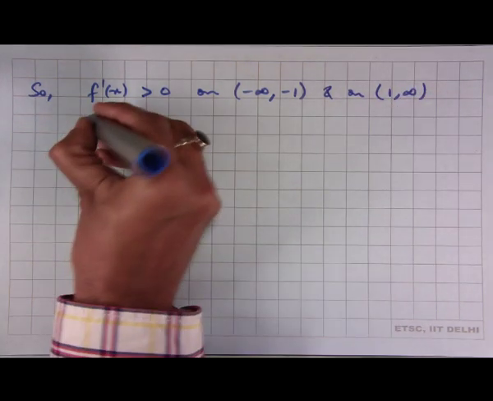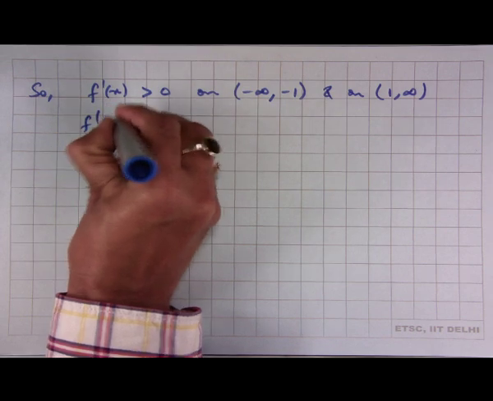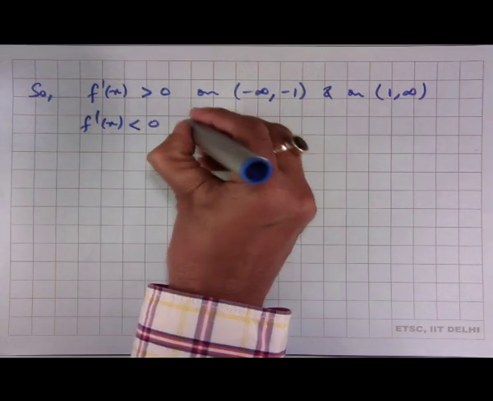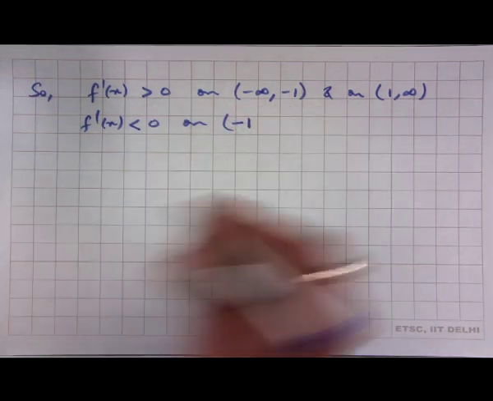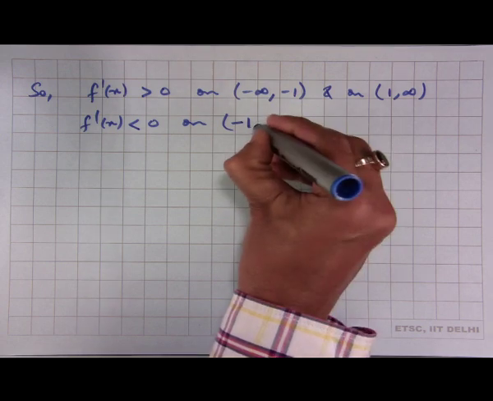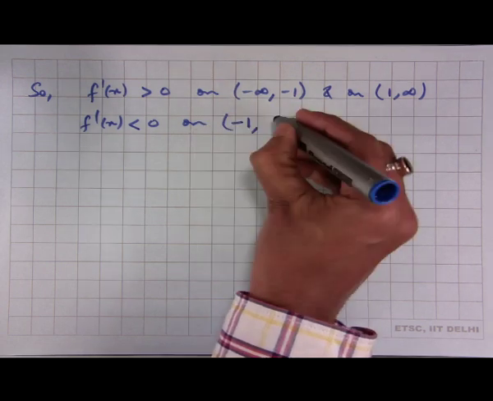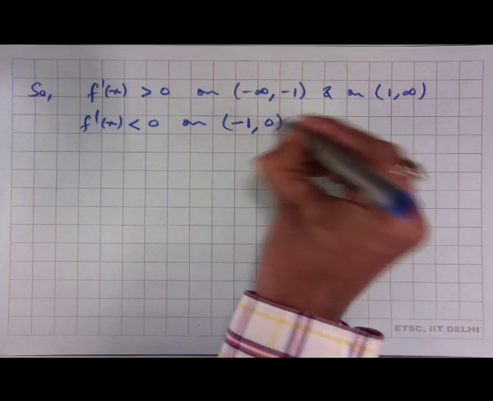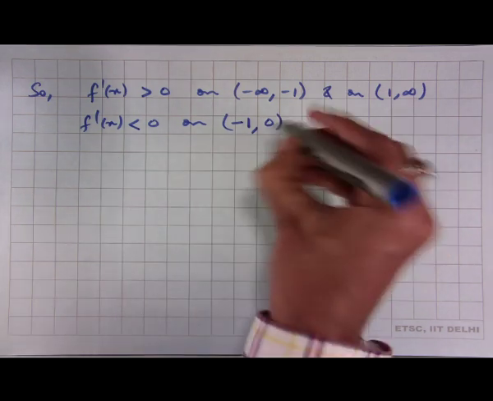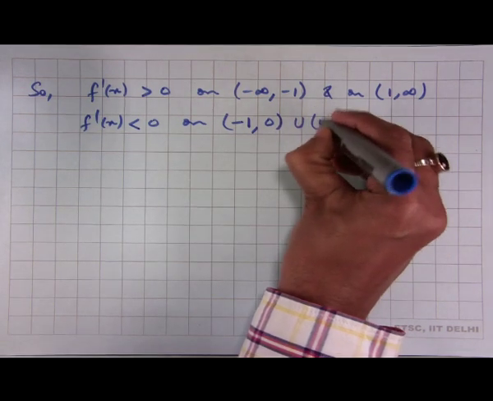and f prime x is negative on, I cannot write minus 1 to 1 because at 0 the function is not defined. So, on minus 1 to 0 f prime x is negative, and also on 0 to 1 f prime x is negative.